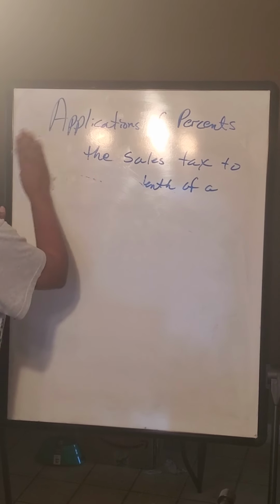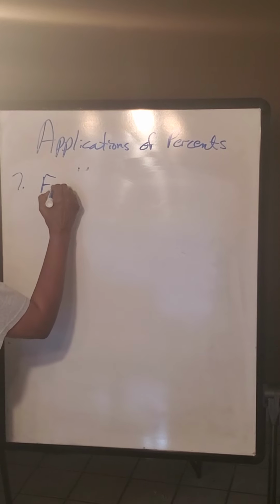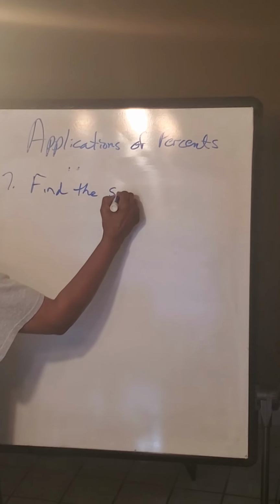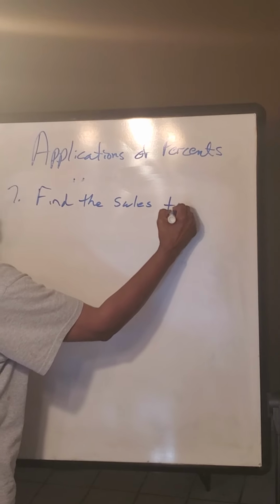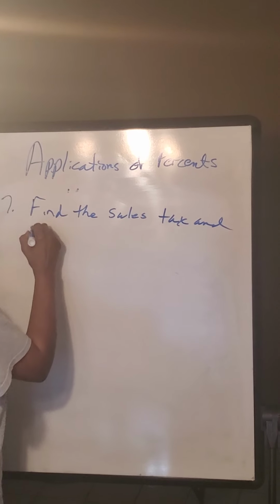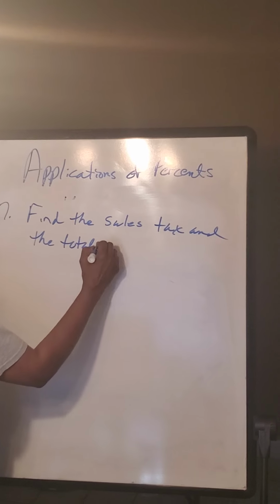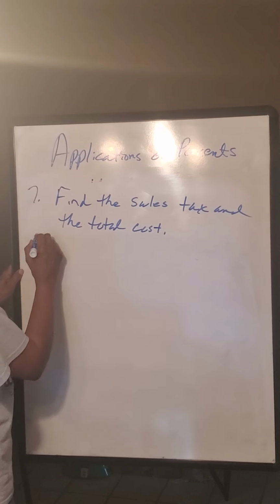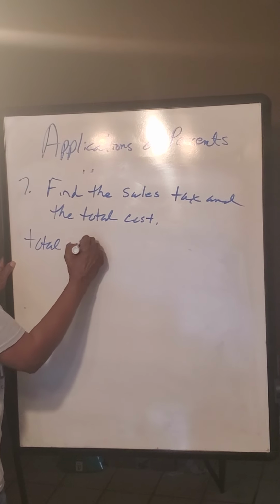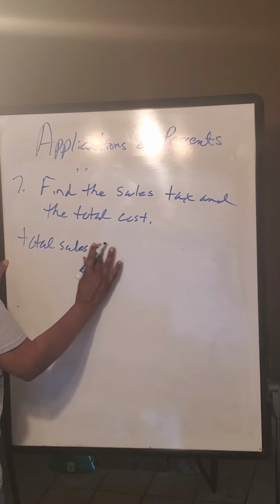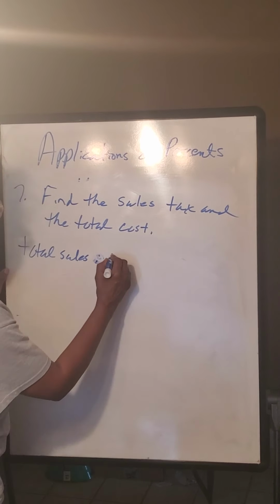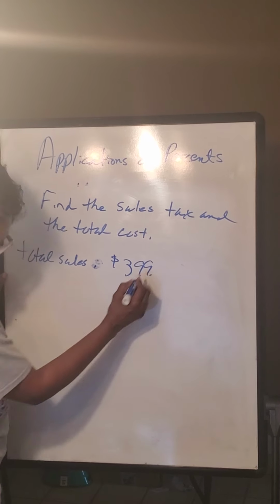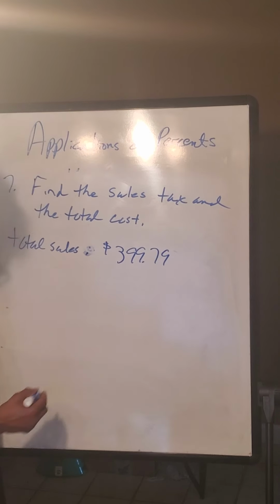Now we're going to do an example where we've got to find the total amount of pay. I know this lesson is a little lengthy, but let's find the total amount of pay. So number 7, let's find the sales tax and the total cost. So let's say I have my total sales, $399.79.